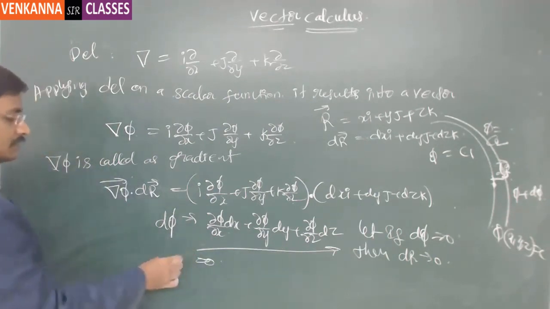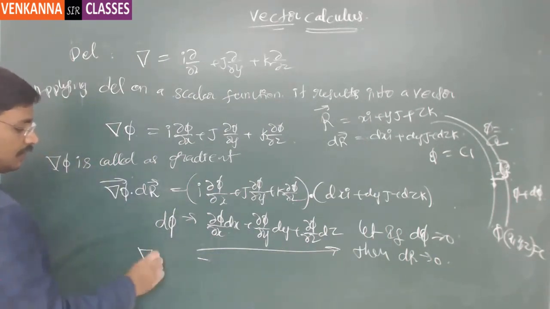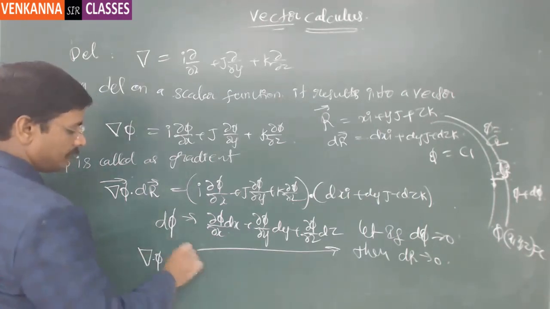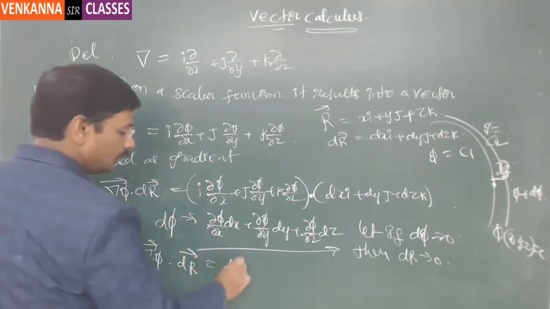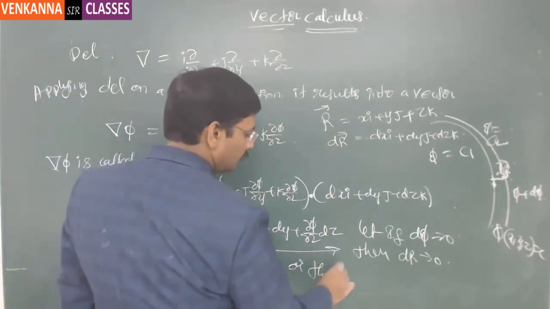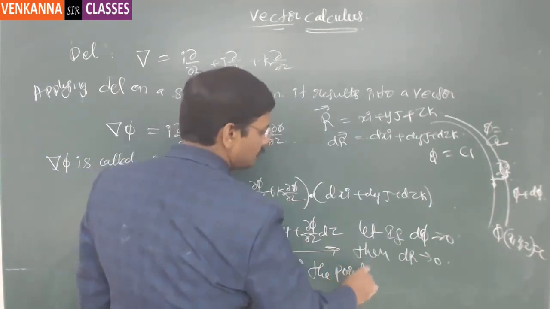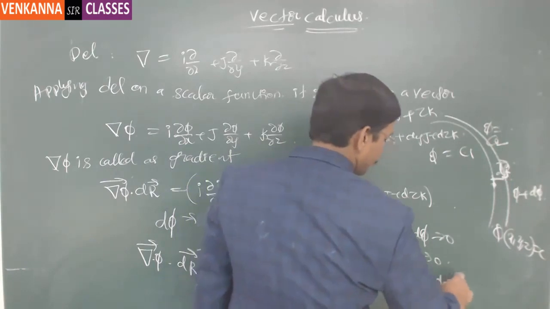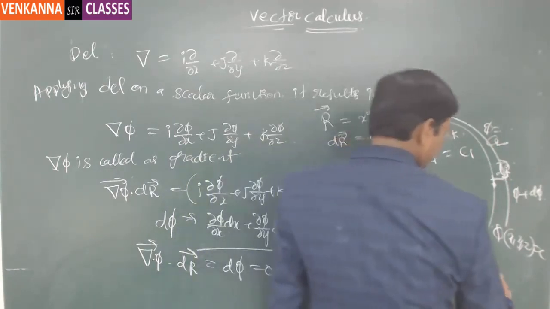Then d phi is nothing but del phi dot dr. Del phi dot dr is equal to d phi is equal to 0, as we are on the same surface.